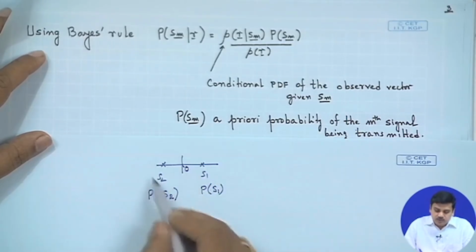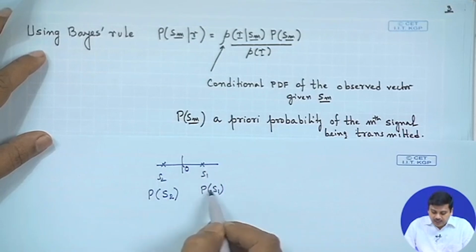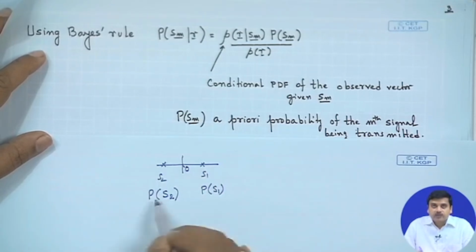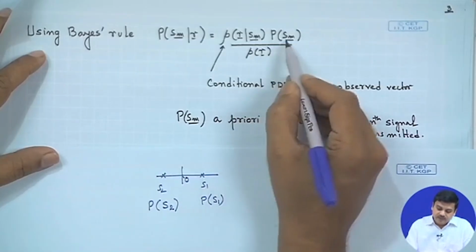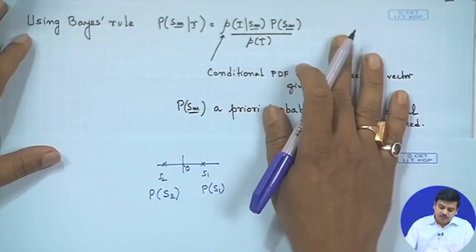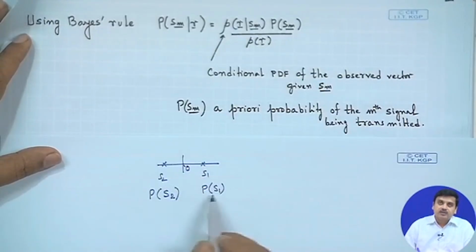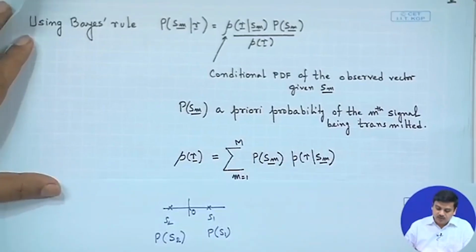Now, you can make the mean 0 with some other probabilities also. In that case, the probabilities would have non-equal values. So, in either case, P of Sm is the prior probability. Generally these probabilities are equal, but there could be situations where these are unequal.